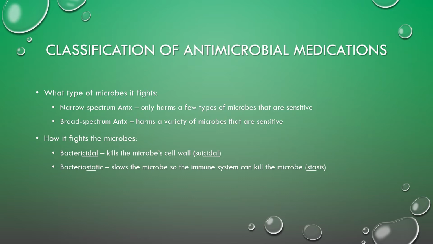So this is like homeostasis or stasis, making it slow down, stop. So if the bacteria doesn't replicate as fast, the body's own immune system can then fight it better. So one is direct and one is indirect.